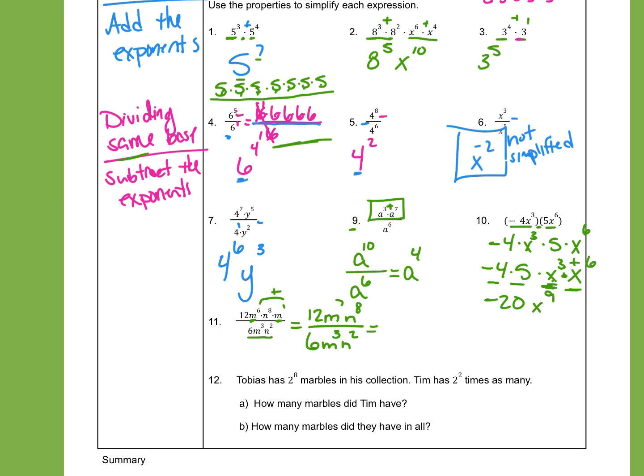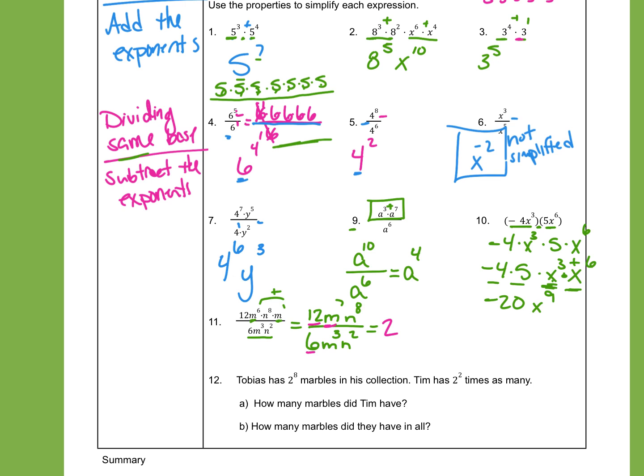And the 12 and the 6, they're not a power. They're not like bases, so I'm just going to treat them like regular integers. So 12 divided by 6 is 2. We treat those like regular integers. We're not going to subtract them because they're regular integers. The subtracting is the exponent rule, like we're going to do with the m.